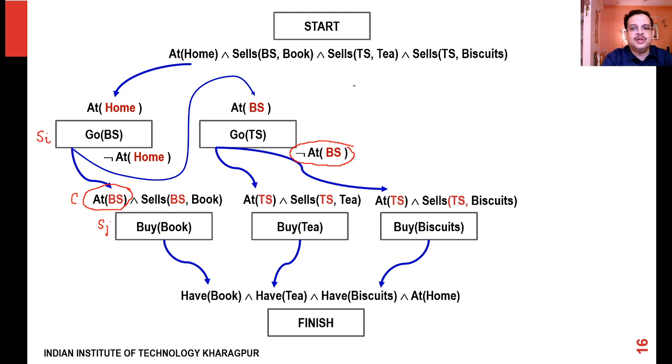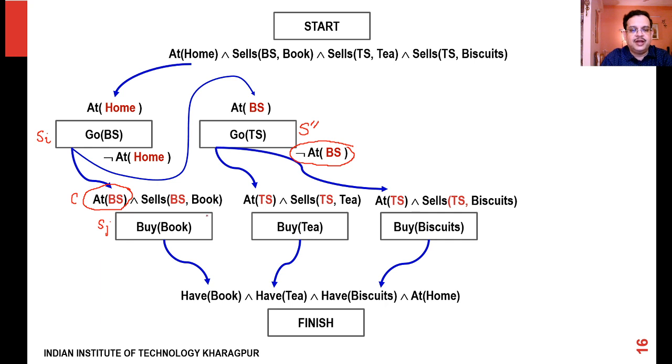This action is my S double dash. So I know that if I execute S double dash in between SI and SJ, then it's going to destroy the at BS, so therefore I will not be able to buy the book.